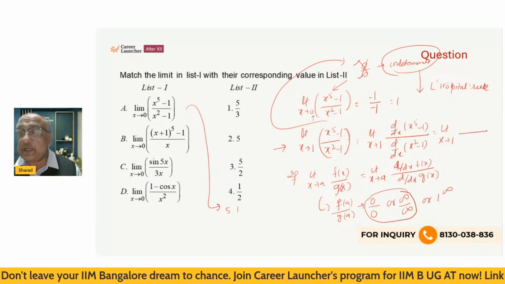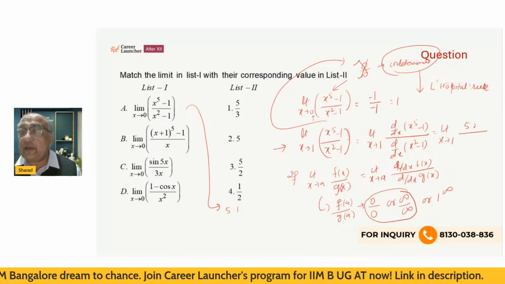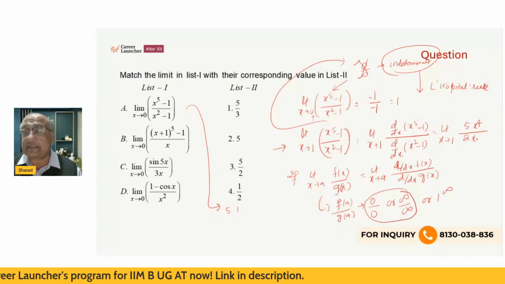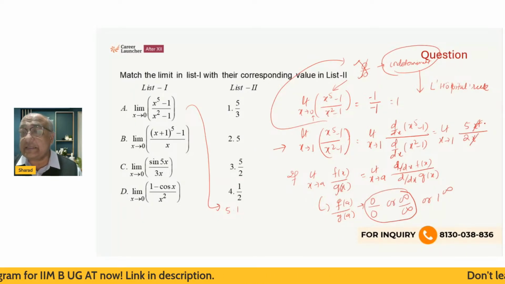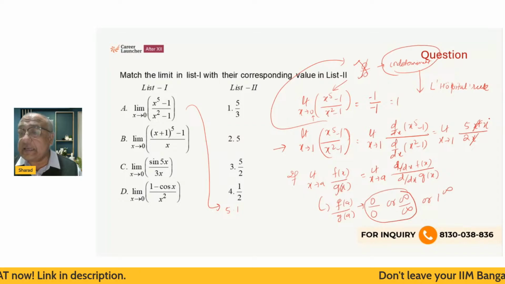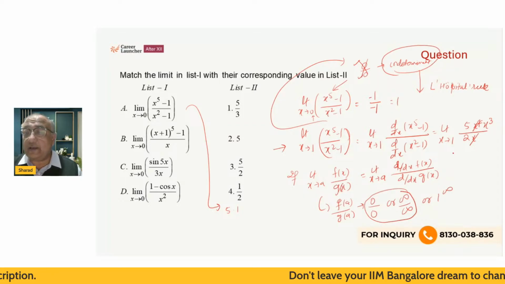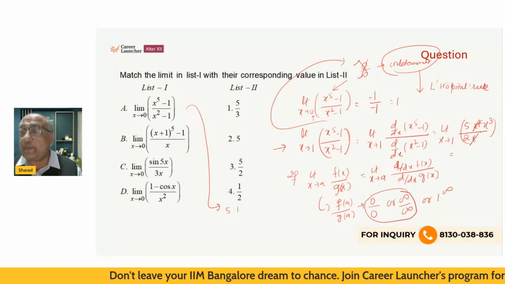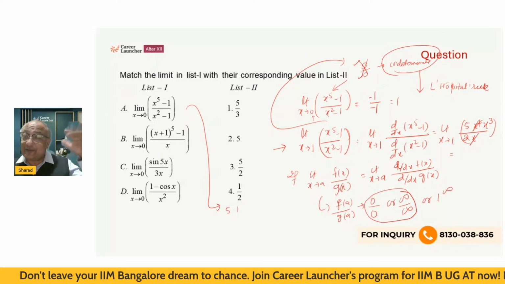If I differentiate, I'll get 5 x raised to power 4, and here I'll get 2x. Now this x will get cancelled. I'll get x cube here. So what is my answer now? 5 by 2x cube. If I put x is equal to 1, 0 vanished.